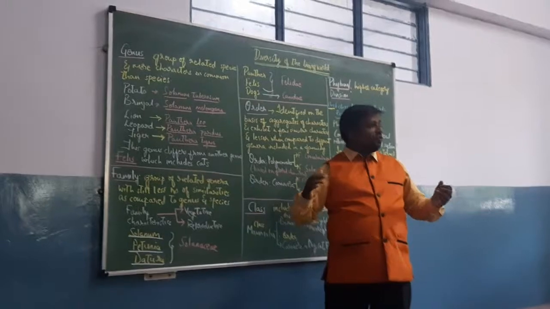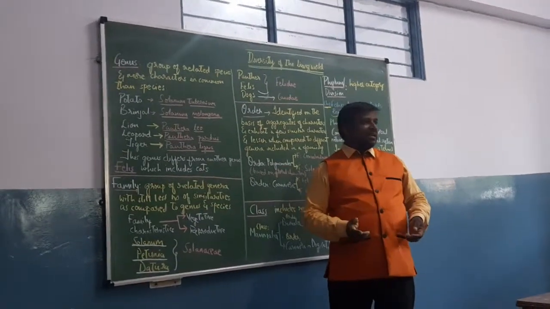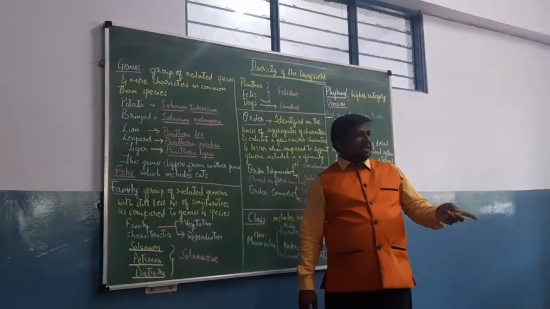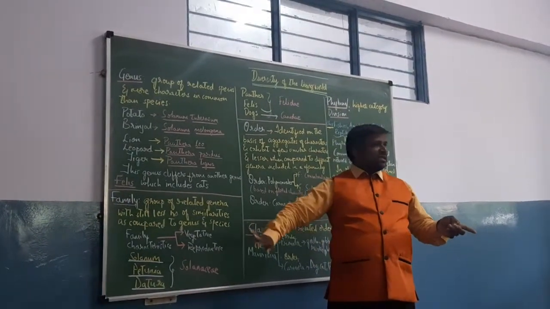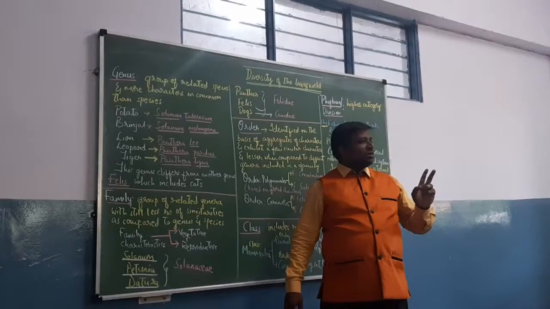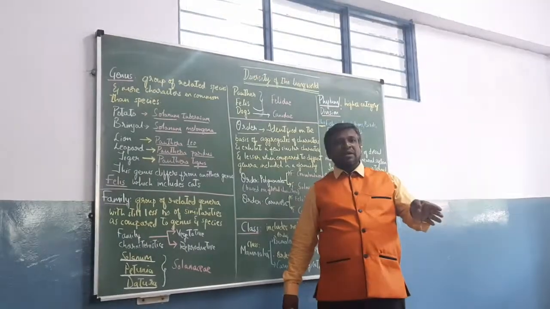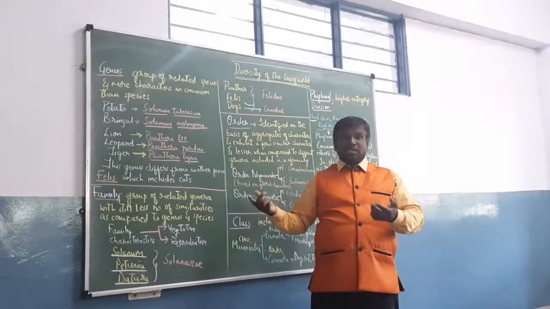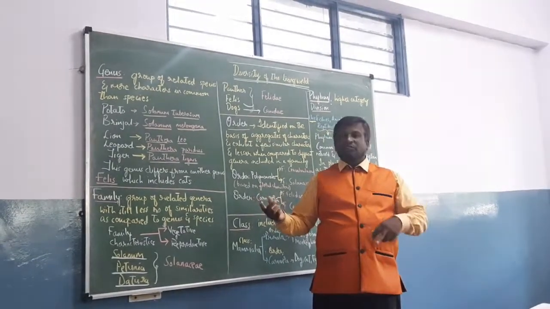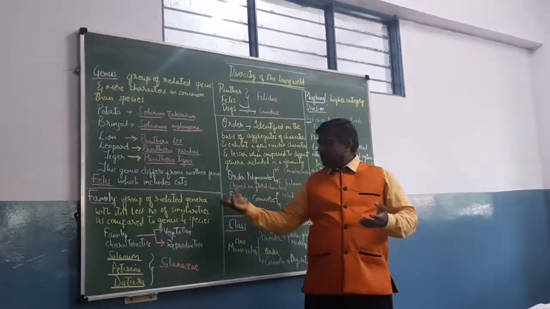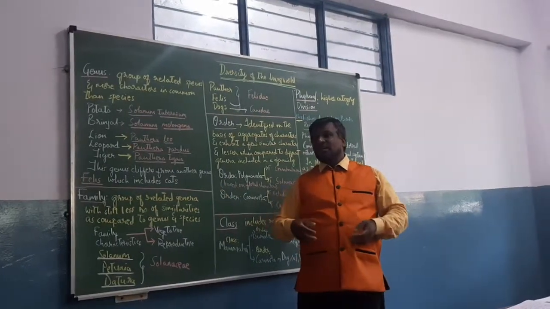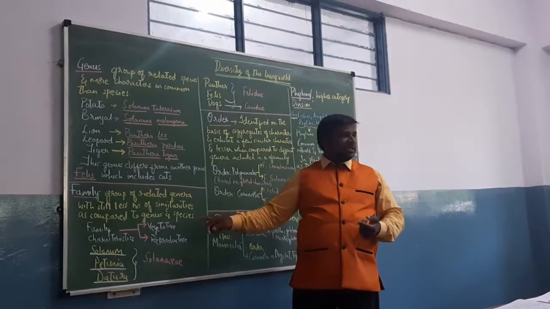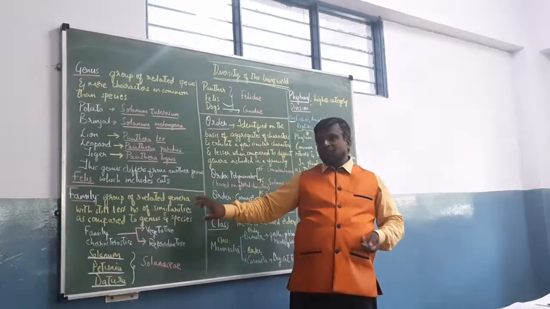It consists of a greater variety of genera, like the Canidae family, which includes dogs, and the Felidae family, which includes lion, tiger, leopard and cats. Felidae includes both genera, Panthera as well as Felis. So it's a group of related genera which has lesser similarities than genera and species. That is the definition that you have to write.